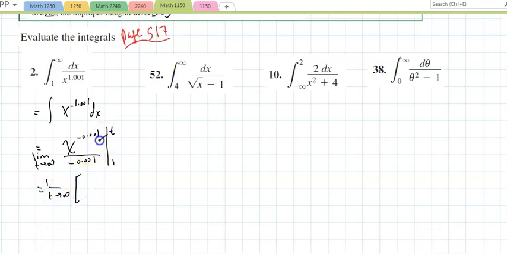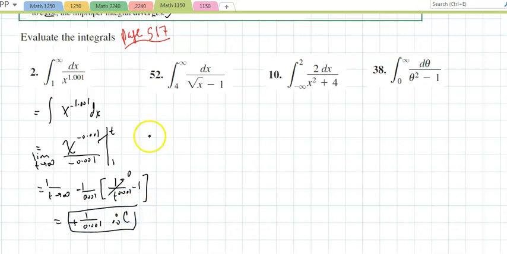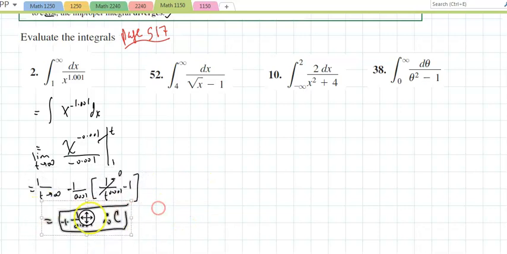And if I throw that in, that is negative 1 over 0.001, which is 1,000, times 1 over t to the 0.001 minus 1. As t approaches infinity, that will approach 0, and I'm left with a positive 1 over 0.001, therefore converges. So I take a limit. If the limit exists as a finite number, it doesn't matter what the finite number is, I'll say this integral converges. And that's pretty much it.